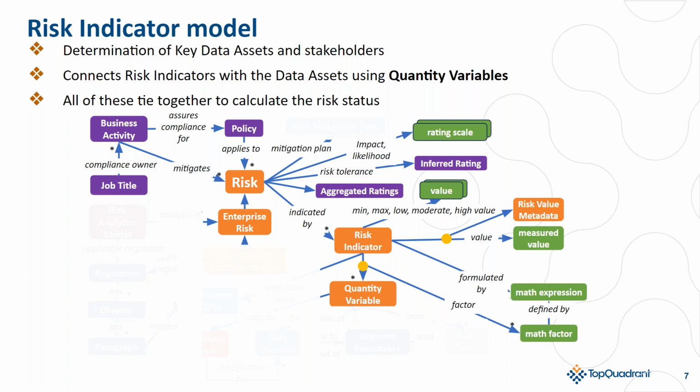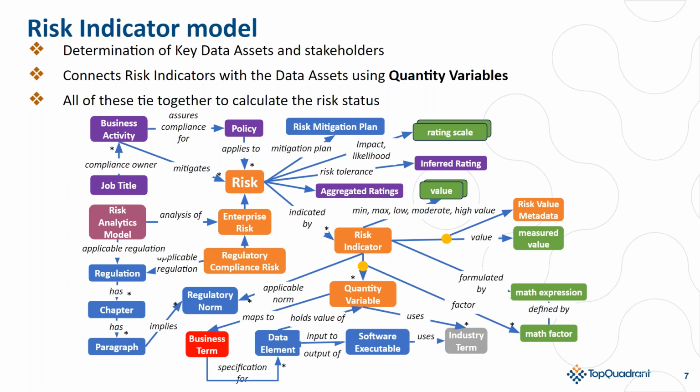And those are measured through what we call quantity variables. A quantity variable is a mathematical calculation. As demonstrated, it might have 3, 4, 10 different elements that are measured, but that defines the actual risk value for that particular risk indicator.